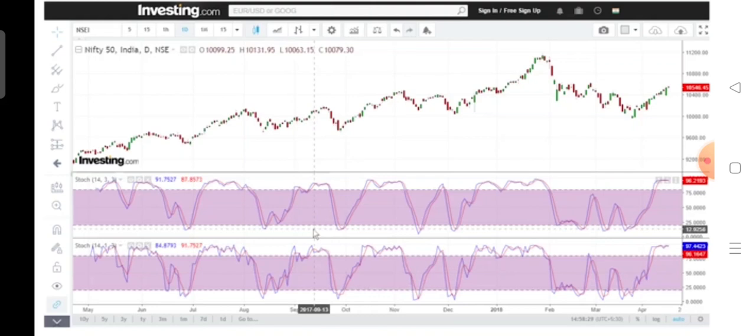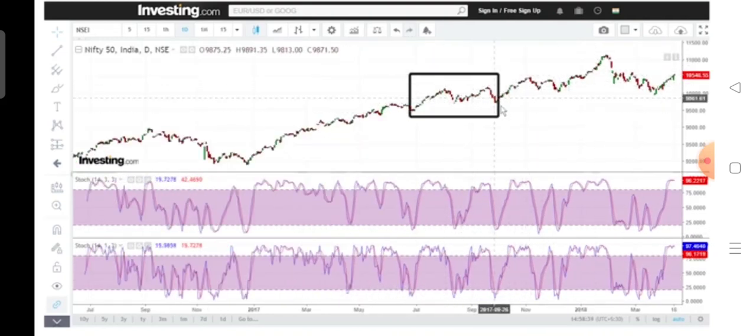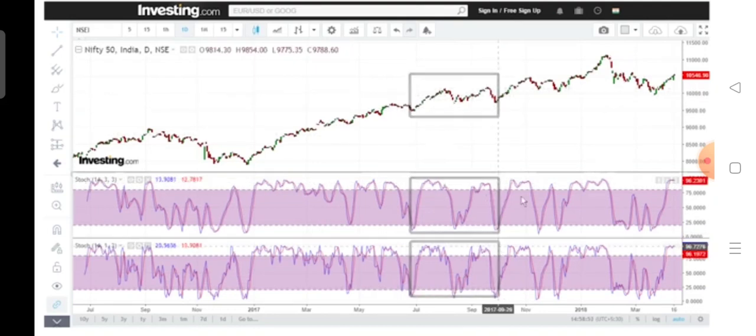Now, first, the overbought and oversold zone. See, in a very range-bound market like this, if I squeeze the chart a little bit, you will find that this area of the Nifty was very range-bound. The slow stochastic and fast stochastic both give you a decent understanding of the range by going to and fro, to and fro.